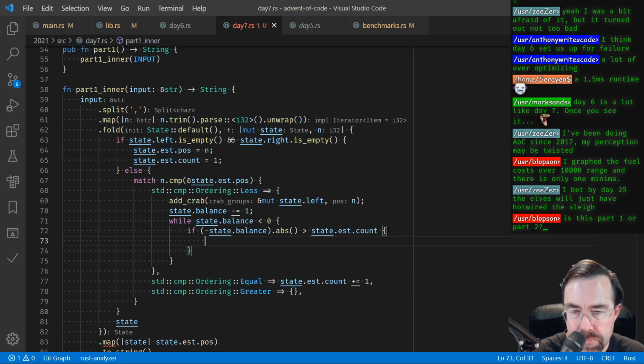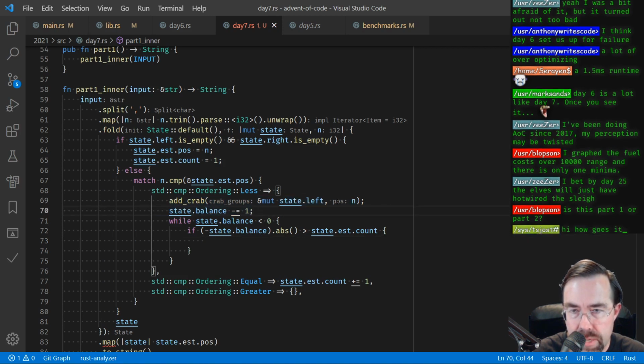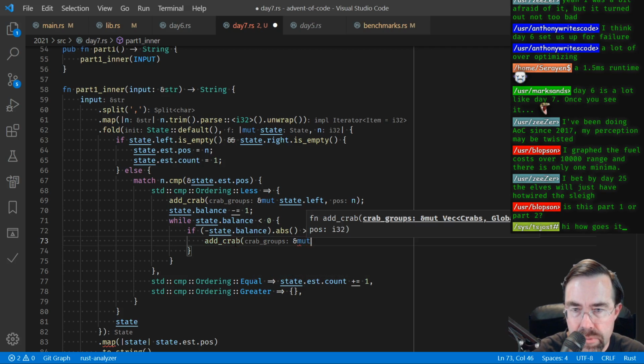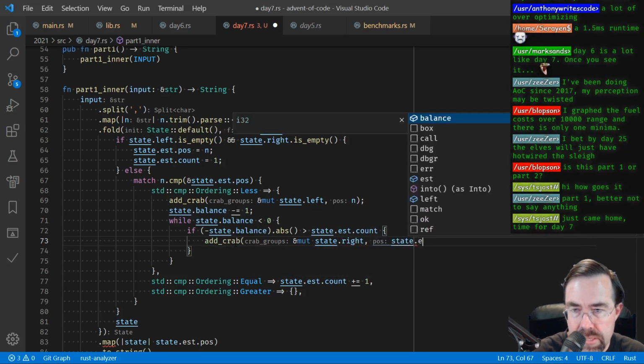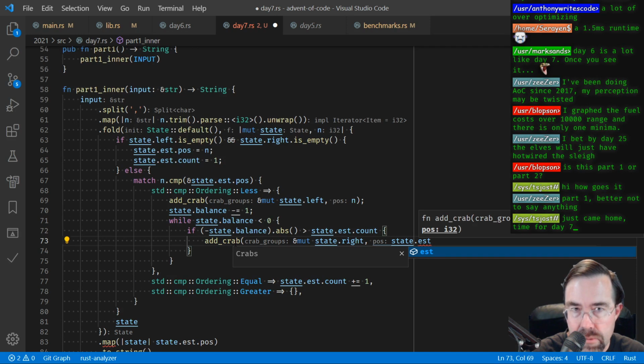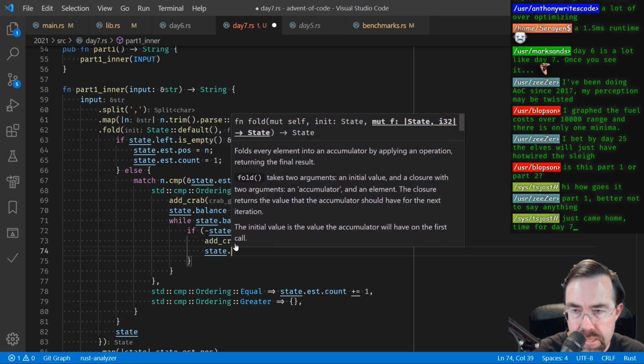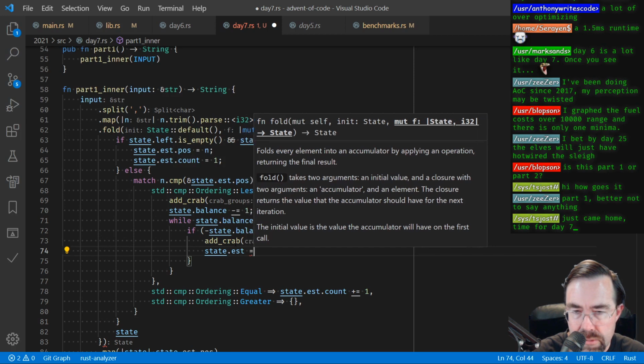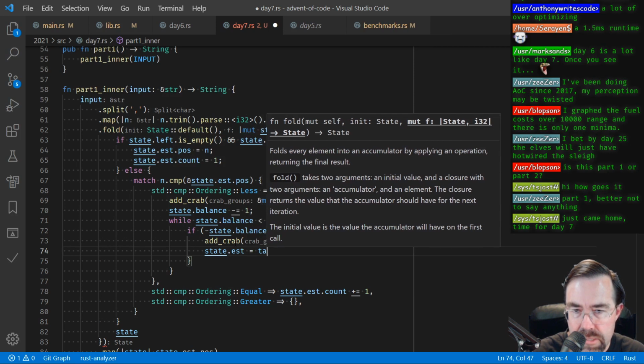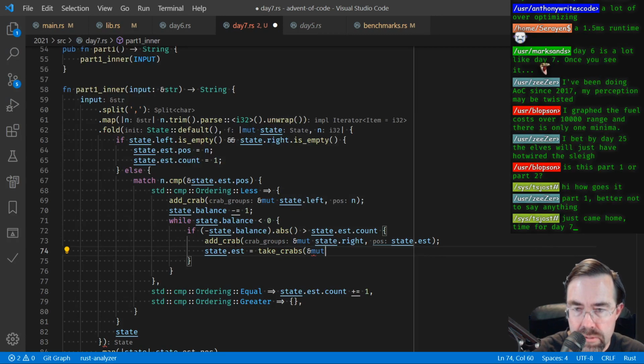So then two operations, right? No, I just need to add, if I make this add_crab take crabs, then I can just say add_crab mut state.right, state.estimate, and state.estimate is take_crabs state.left.